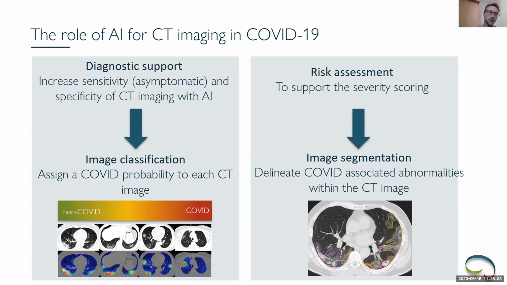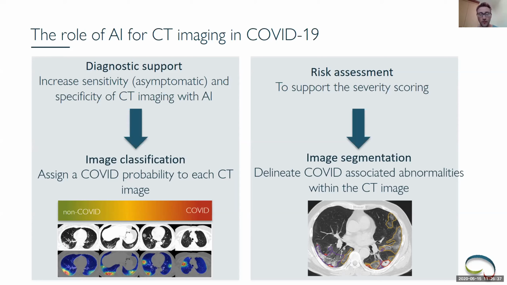The medical need for diagnostic support, which is to increase the sensitivity and the specificity of CT imaging with AI, can be translated into the technological problem of image classification, which could be performed by artificial intelligence. There, the role of the AI algorithm is classifying the CT image as a COVID or a non-COVID image, or even assigning a probability to each of the images.